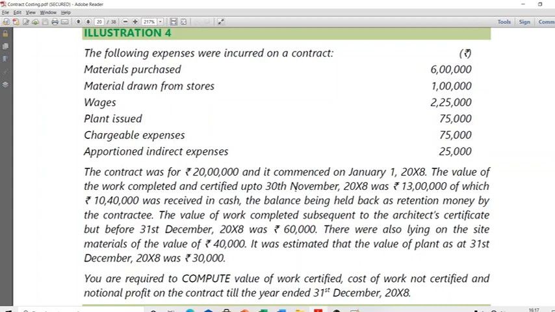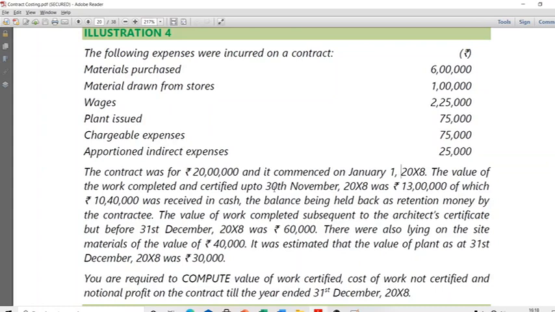Since there is no certification, even though work was done in the last one month, I'm not going to recognize anything more than 13 lakhs. So though work is done, if it is uncertified, it will not contribute to any extra recognition of contract price. Only to the extent of work certified will you recognize contract price. This is the first implication of work not certified.